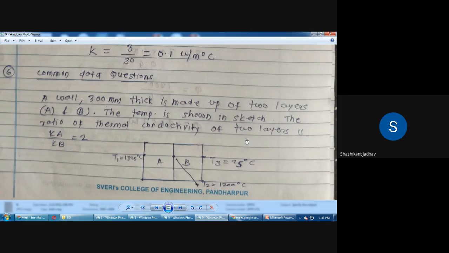Then in between A and B, at the dotted point, T2 is equal to 1200 degrees Celsius. And at the right hand side of surface B, T3 is 25 degrees Celsius.